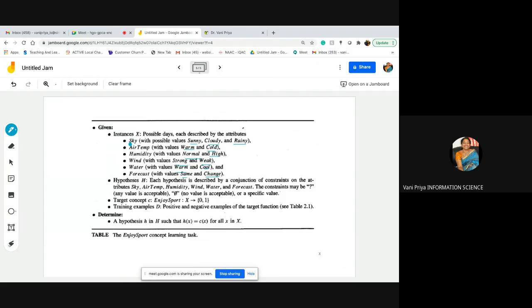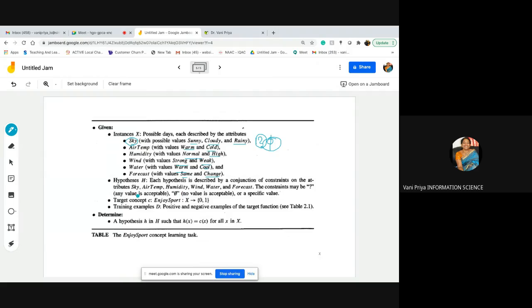On the attribute sky, it can take a specific value, sunny, cloudy, or rainy, or it can be a question mark, which is a generalization meaning any value is accepted with no restriction, or it can be null, meaning no value will be acceptable for sky. These are the possible constraints on this attribute.